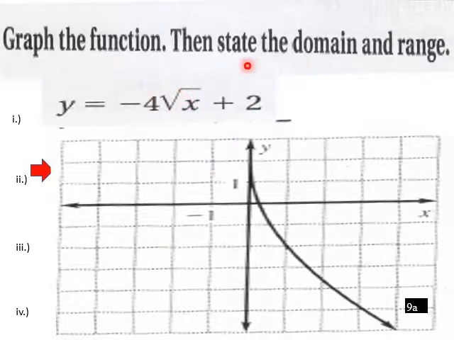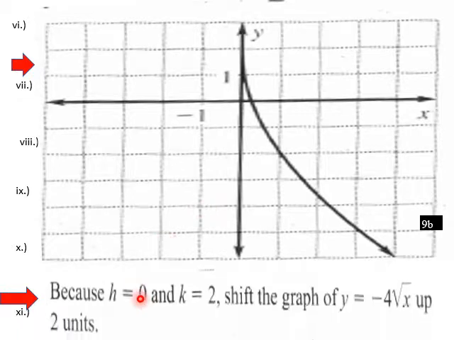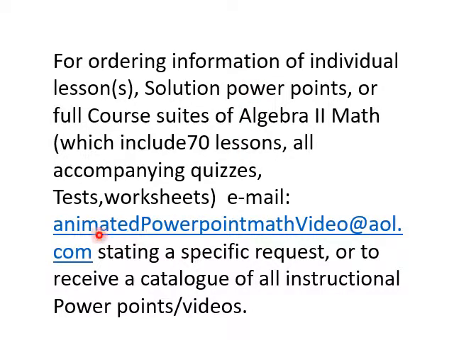To graph this and state the domain and range, because h equals 0 and k equals 2 in this situation, shift the graph of y equals negative 4 radical x up 2 units. So instead of starting here at the origin, it goes up 2 units. So this is where it starts here.